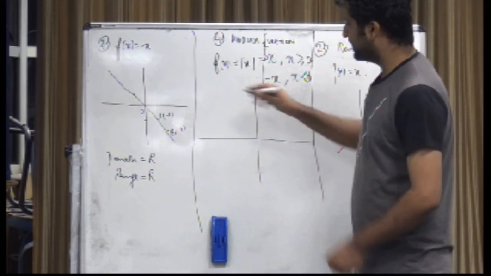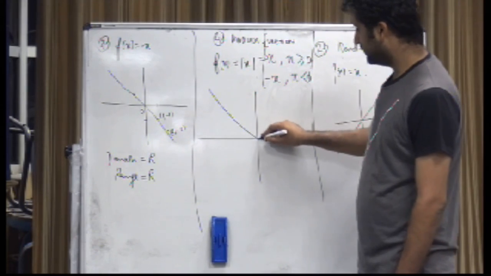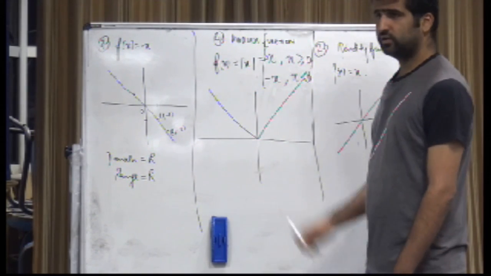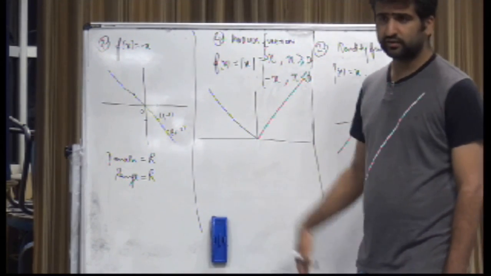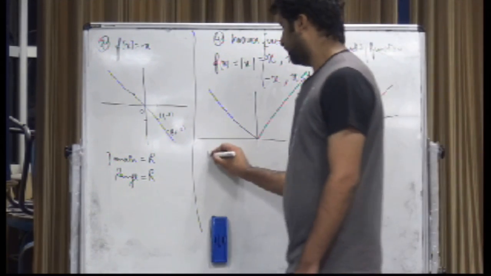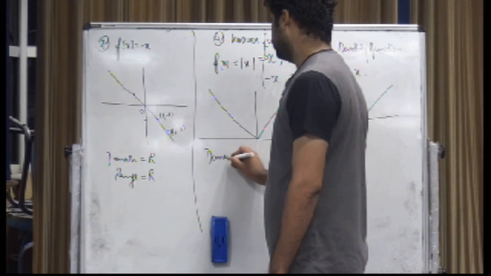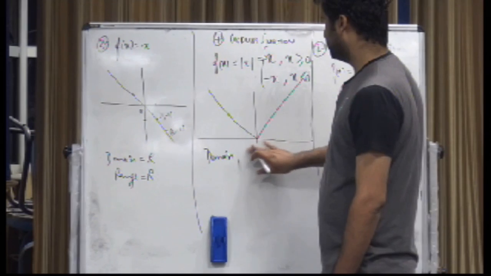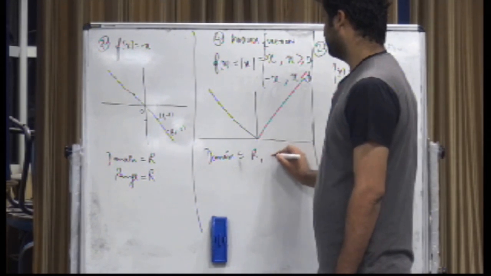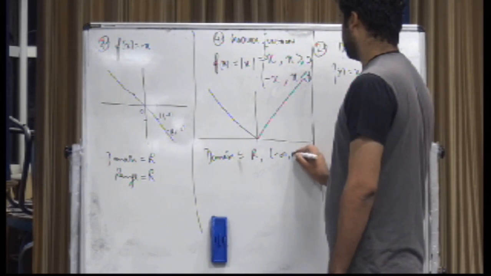So it is a V-shaped graph. Goes like this. So this is the graph of modulus function. And the negative portion remains untouched. So the domain here will be same. So there are two ways of writing the domain. Either you can write R or you can say minus infinity to infinity. Same thing.